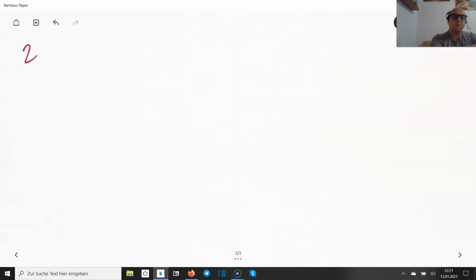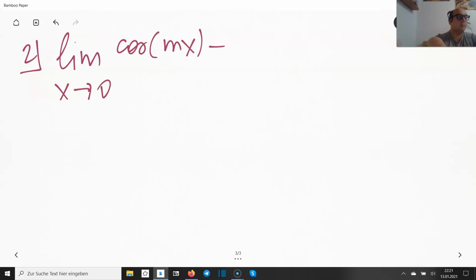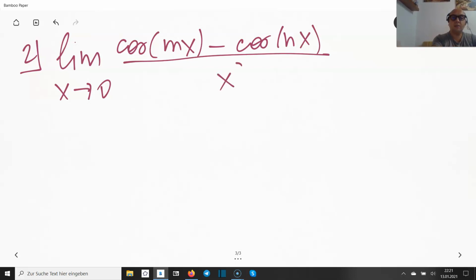Let's do one more example with the cosine. So we have a limit. Now x is running towards 0. And now we're having the cosine of mx minus the cosine of nx, divided over x squared. So what we're doing here, we're applying the same formula we've been dealing with previously.